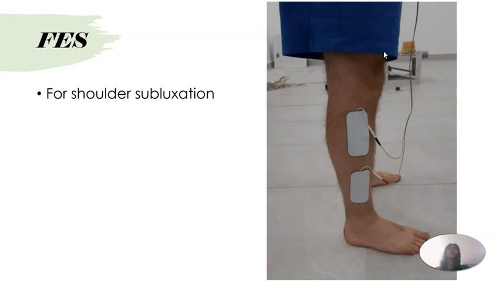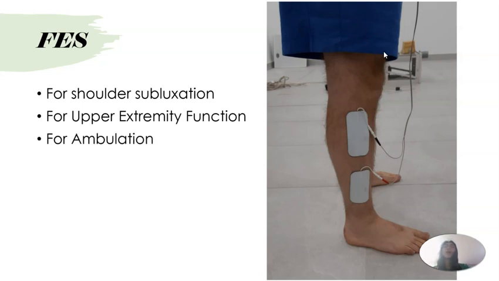Under FES, because there's a movement involved, for upper extremity function and for ambulation, you need to have at least 3 minus over 5 muscle strength.